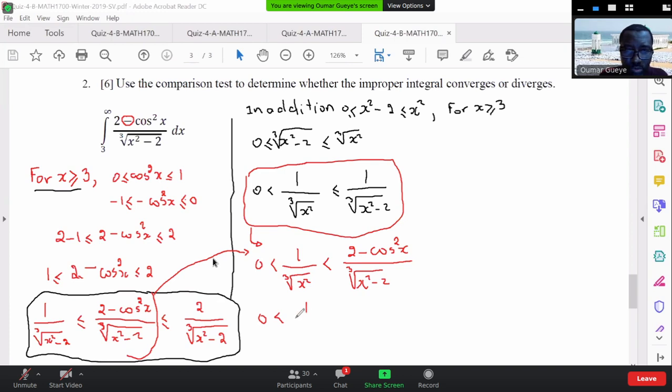I can write this as 1 over x to the power 2 by 3, as I told you, I'm trying to get something similar to 1 over x to the power p, and I got it now. And it's less than 2 minus cosine square of x over cubic root of x squared minus 2.